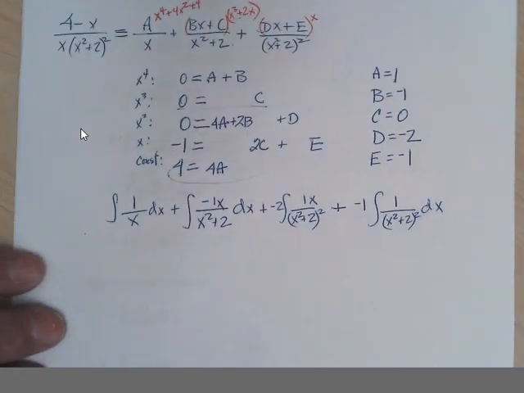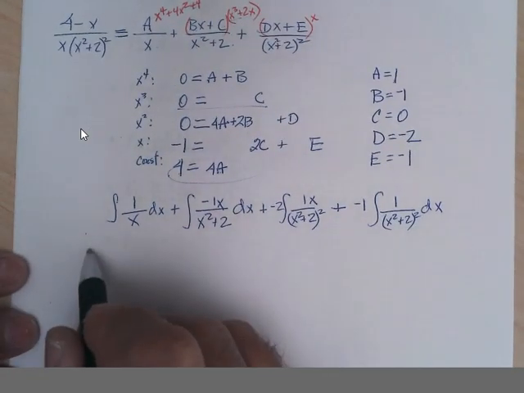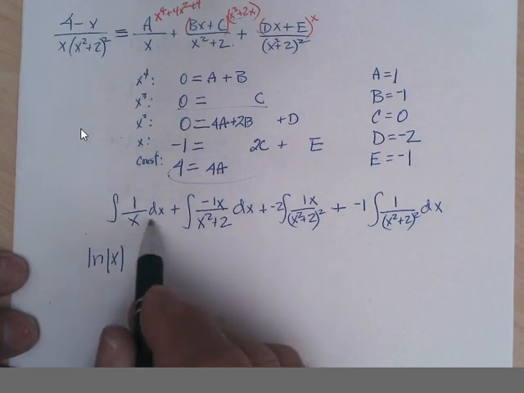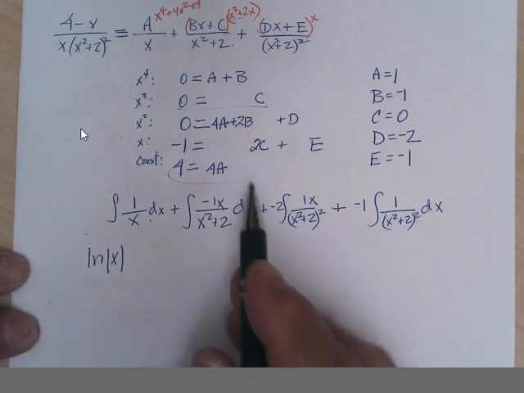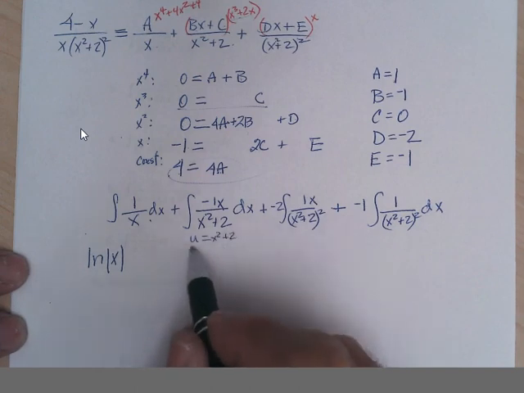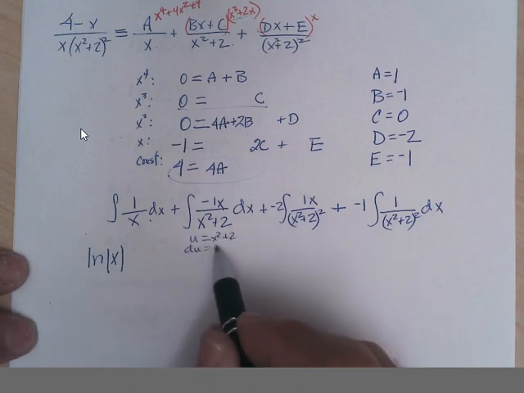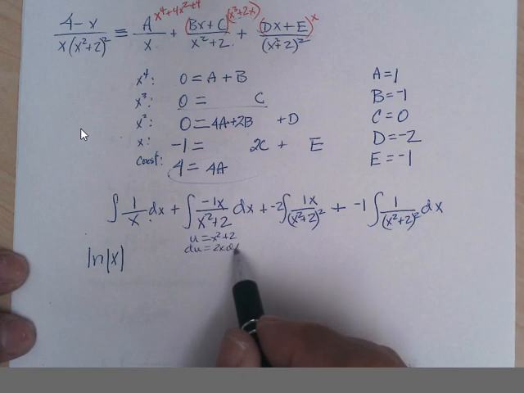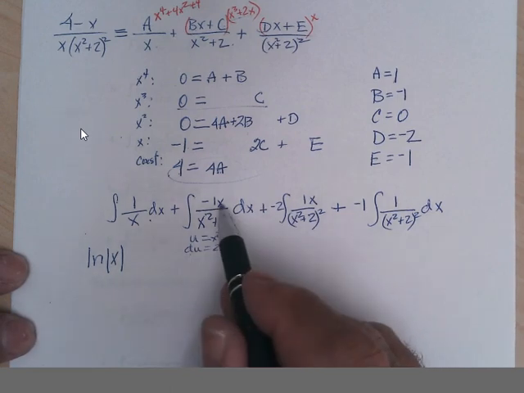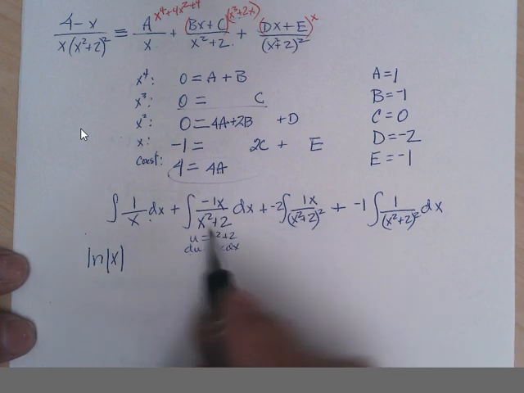Okay, so now to do this one. This is ln of x. This one, if I let u equal x squared plus 2, du equals 2x dx, and the 2x will go underneath the du and cancel the x, so I'll get minus 1/2.